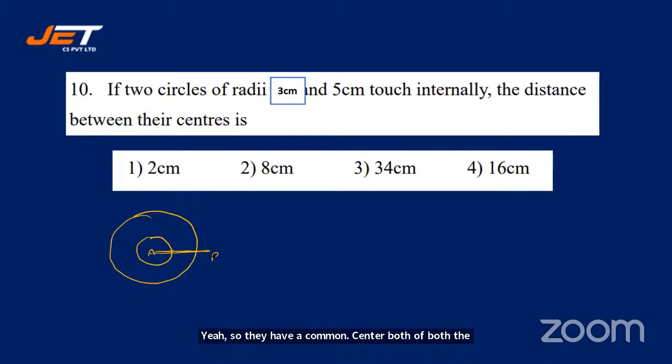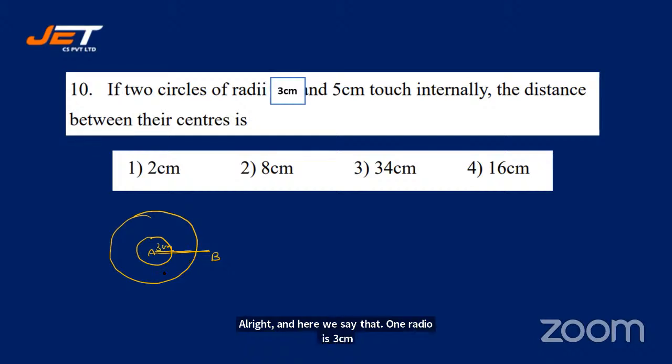So this is AB. And here we say that one radius is 3 centimeter, and the total is 5 centimeter. So what should be the other one? It should be 2.5.